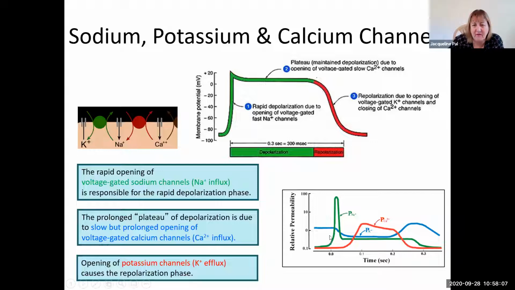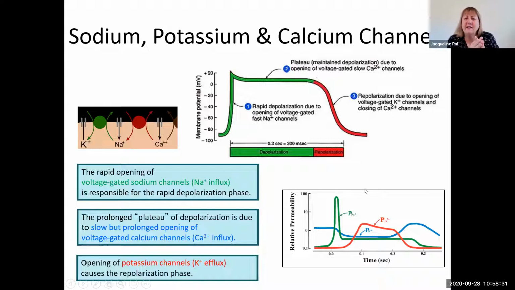Initially we have a very rapid sodium influx, giving us a rapid depolarization. This is followed by a slower calcium influx, in red, which takes multiple milliseconds to occur. Then in blue, we have the outward flow of potassium.